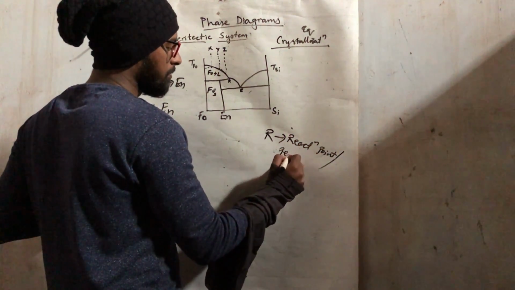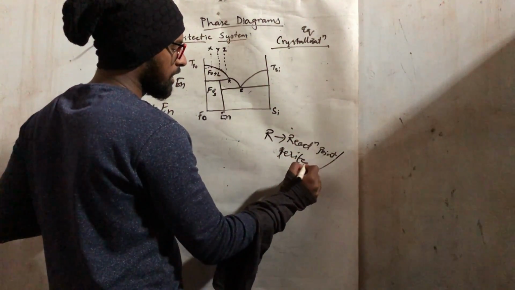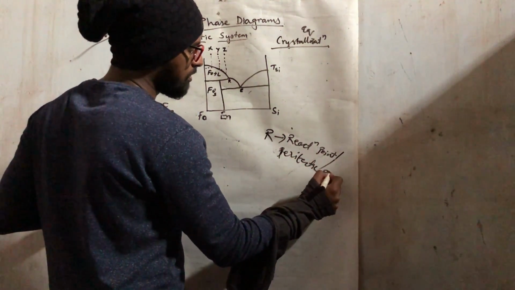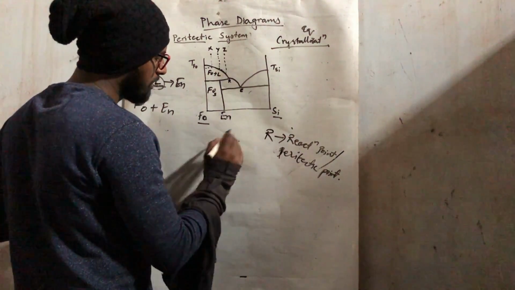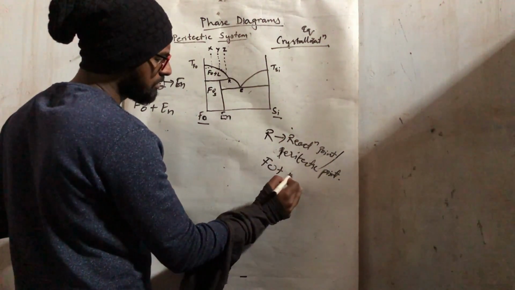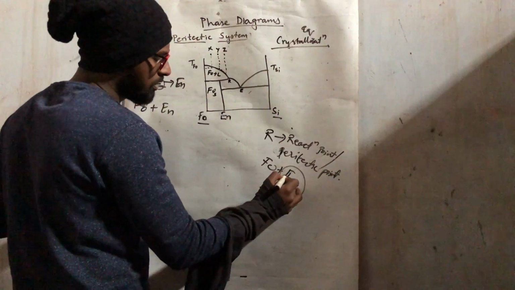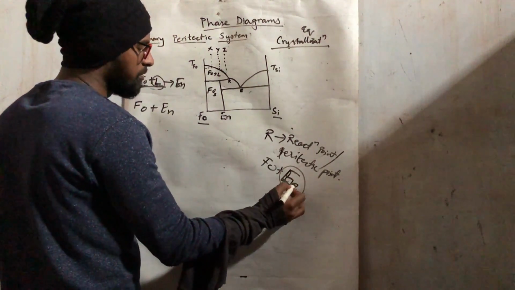It is called a peritectic point because initially we took forsterite and silica and finally we got forsterite plus enstatite. This is a totally different thing from our initial composition.